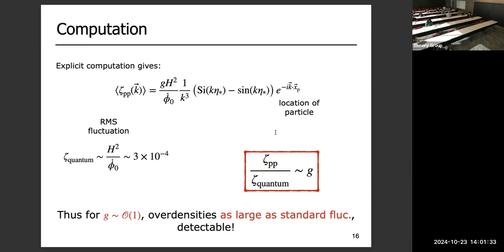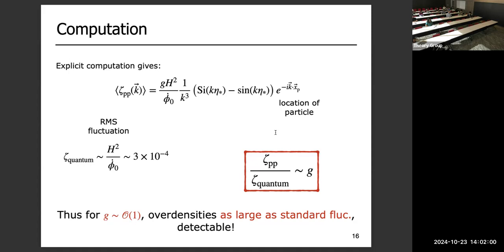So what you should imagine, you can take the limit where k eta star is going to 0. So eta star is the horizon size. So k eta star going to 0 means you're focusing on a mode that is much larger than the horizon. And you would expect, just because of causality, that those modes are not going to get affected because of particle production, because they're so big. And in that limit, you can indeed show that this function falls off polynomially, so it is very small.